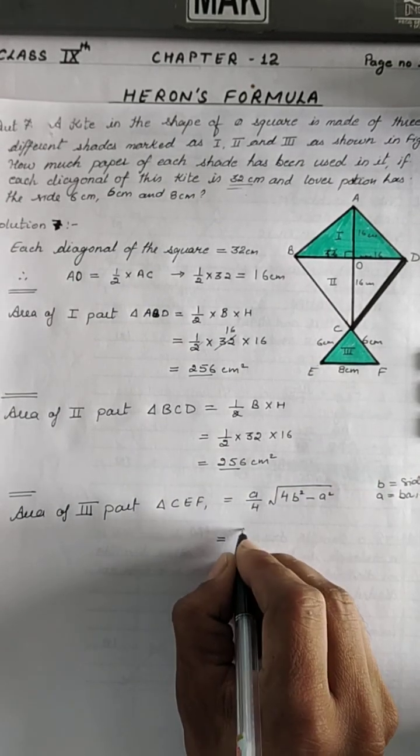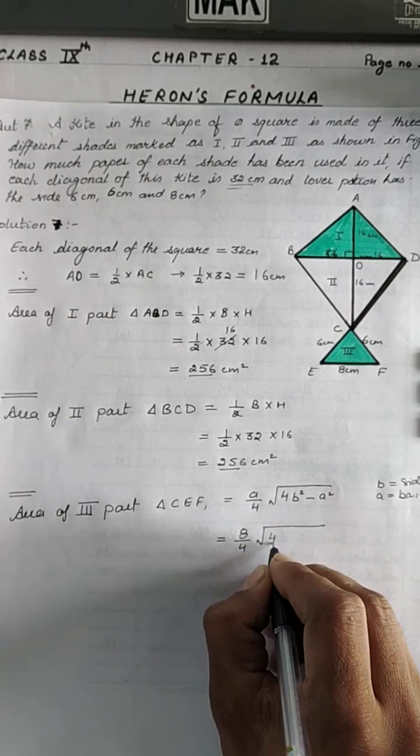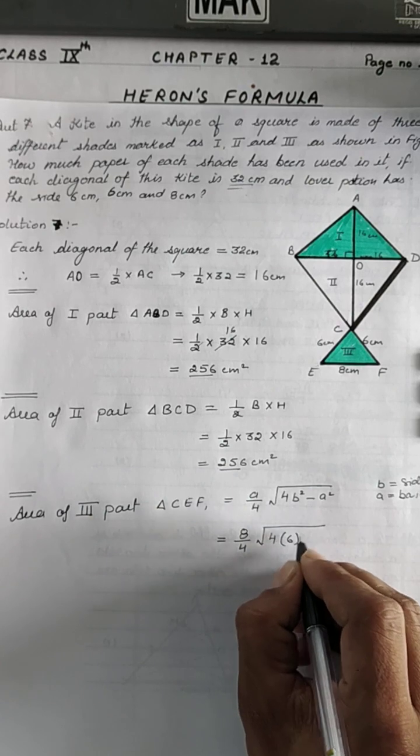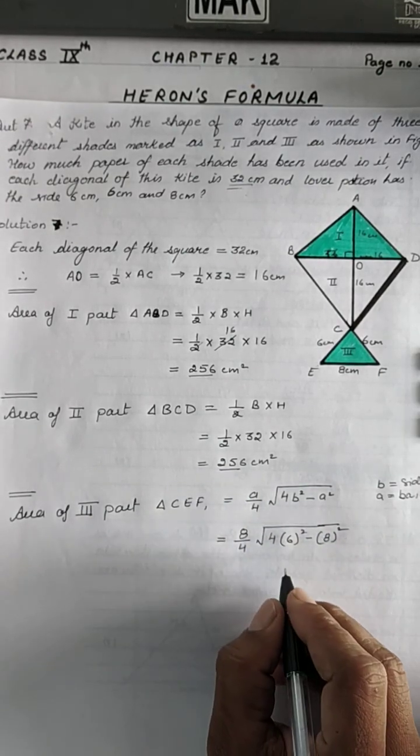So the base is 8. The area is 8 by 4 under root 4 times the side 6 whole square minus 8 whole square. Is it clear?